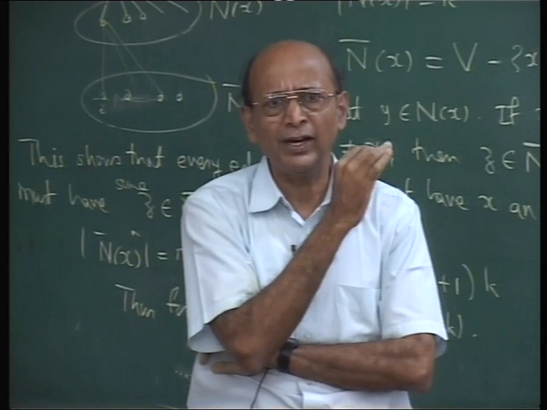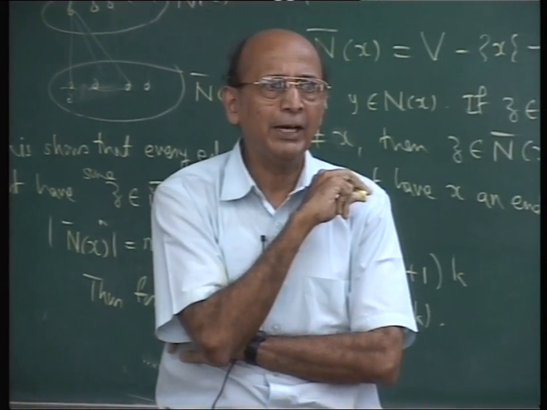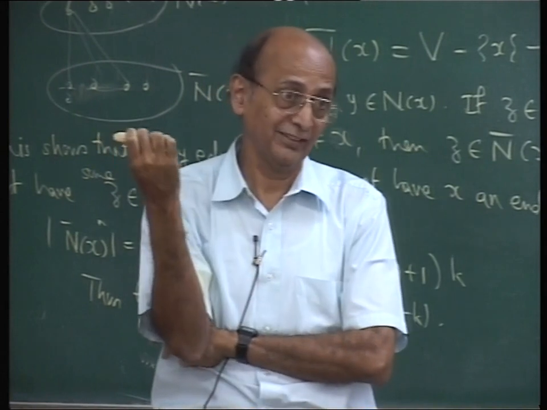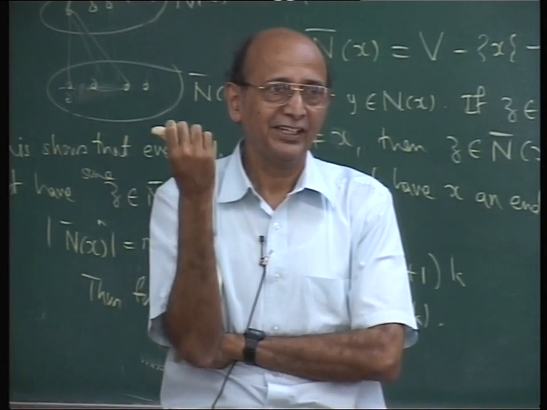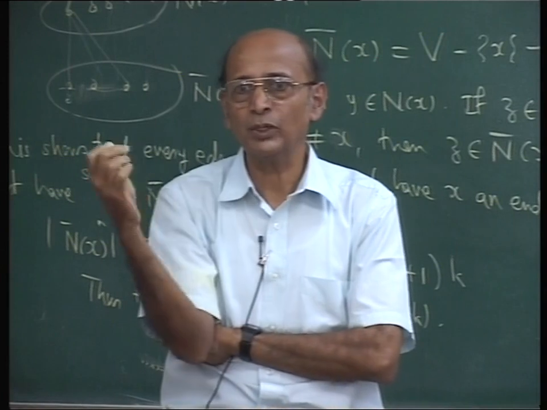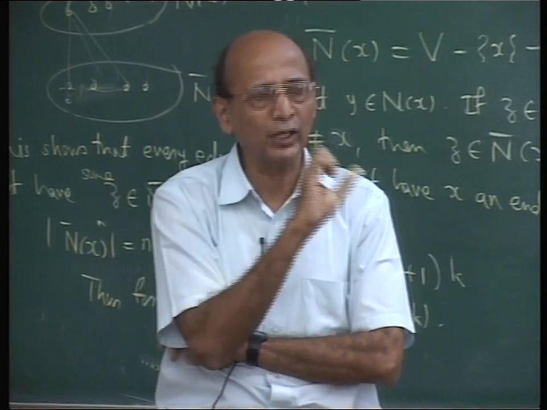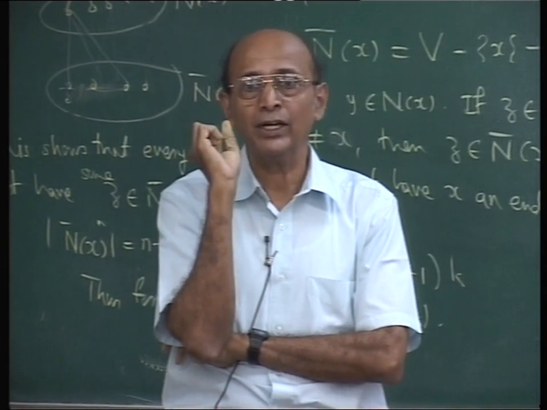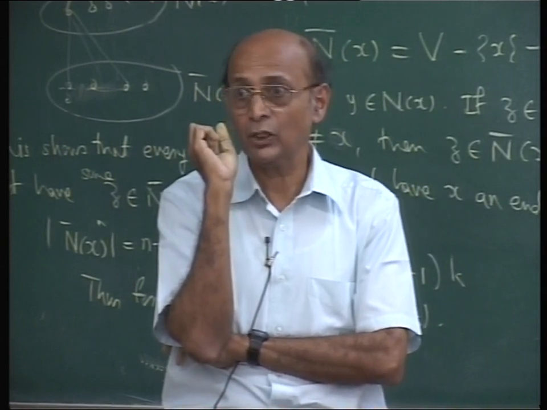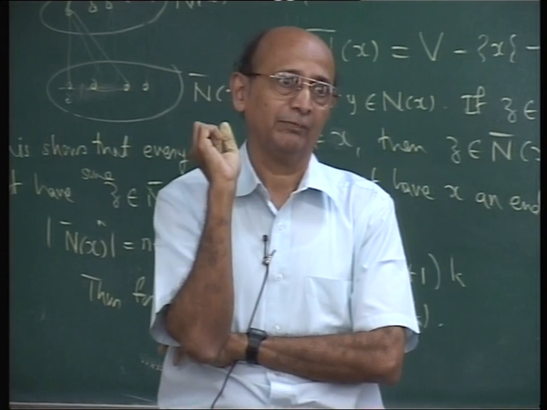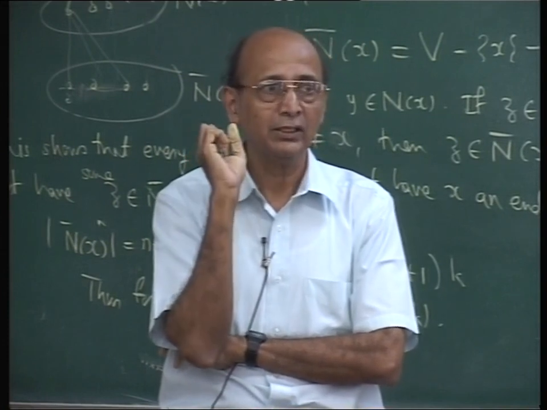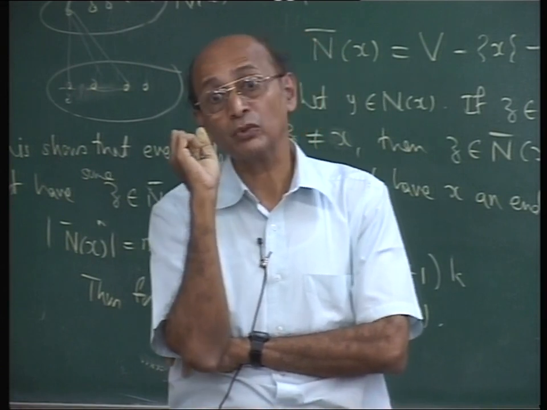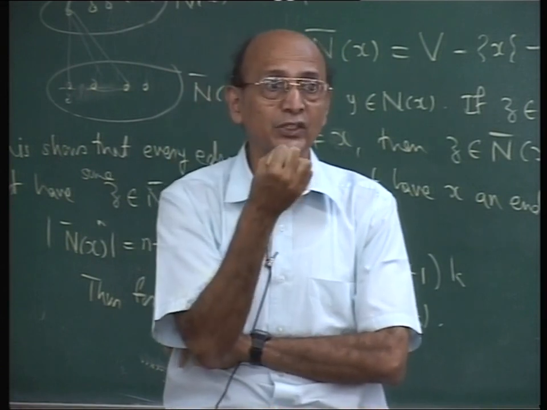One can in fact define in general an M-partite graph. An M-partite graph has an M partition x1, x2 up to xm, such that inside xi you have no edges at all. So an M-partite graph does allow a Km, but it does not allow a Km plus 1. And the question is, if you want to avoid a Km plus 1, what is the largest number of edges you can get?